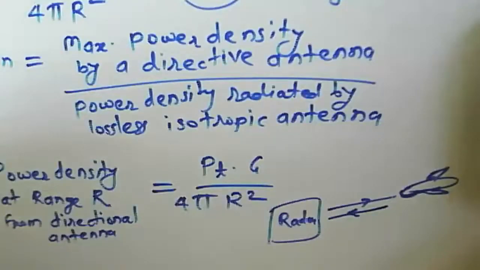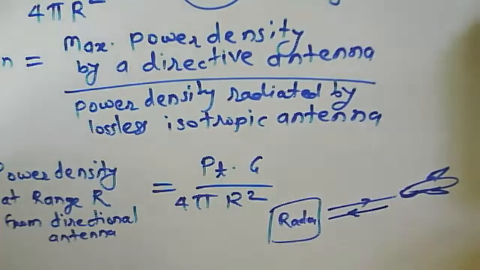So in that particular case, we should consider the cross section of the target. The radar cross section is defined by the power re-radiated or returned to a given particular direction.